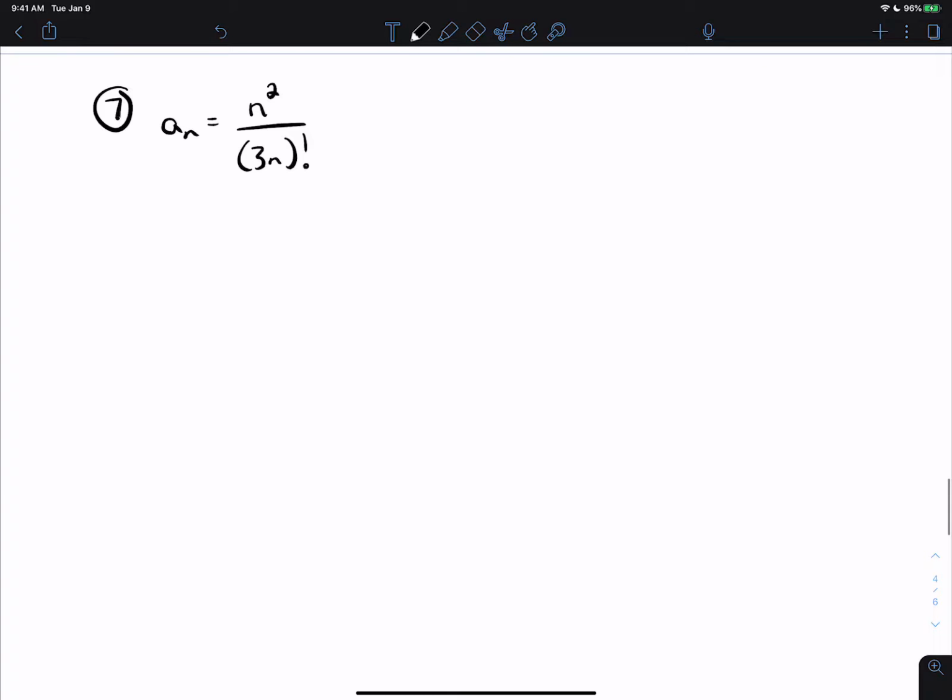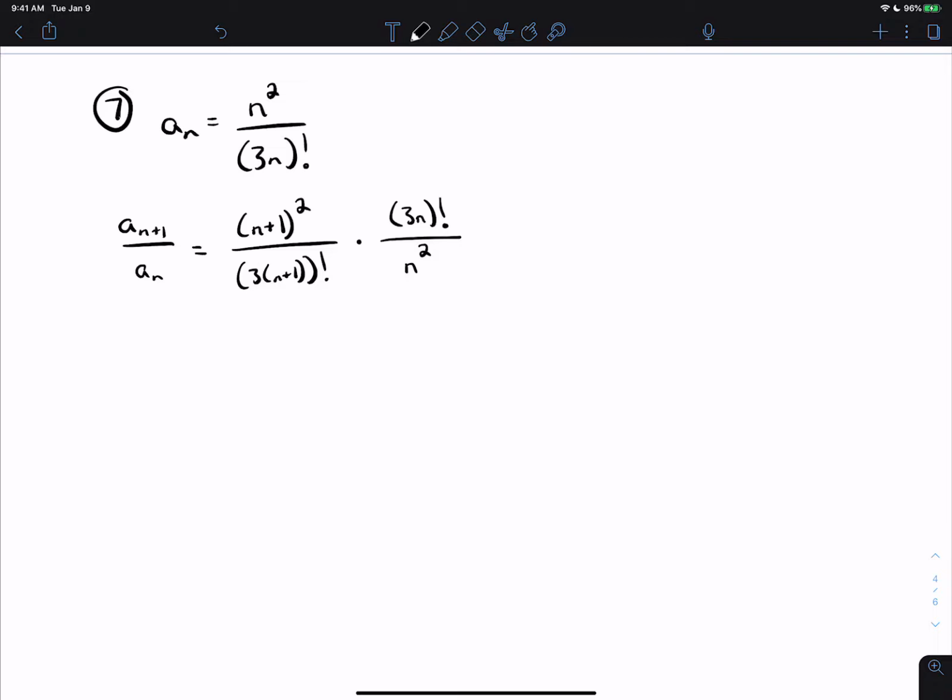So what we're going to do is look at a sub n plus 1 divided by a sub n, and rather than writing it as a big fraction this time, I'm going to go ahead and write it as a sub n plus 1. So that's n plus 1 squared over 3 times n plus 1 factorial. And then instead of dividing by a sub n, we're going to multiply by the reciprocal of a sub n. So times 3n factorial over n squared.